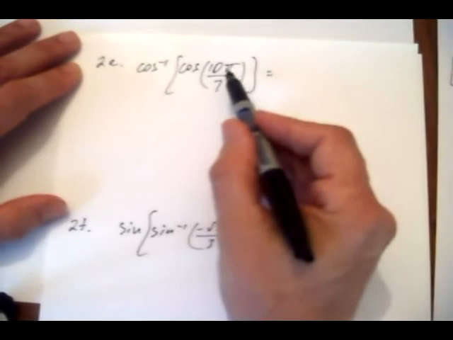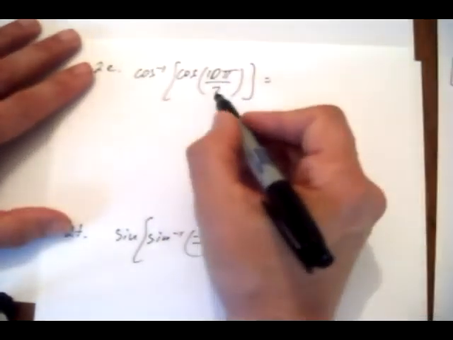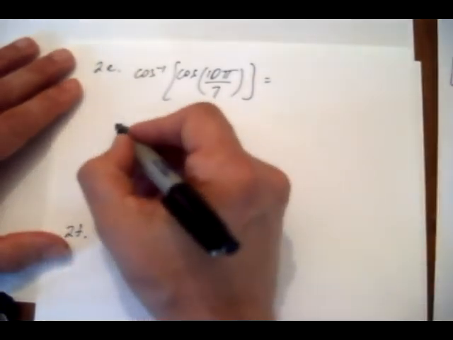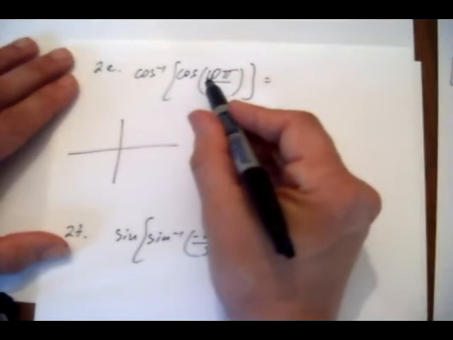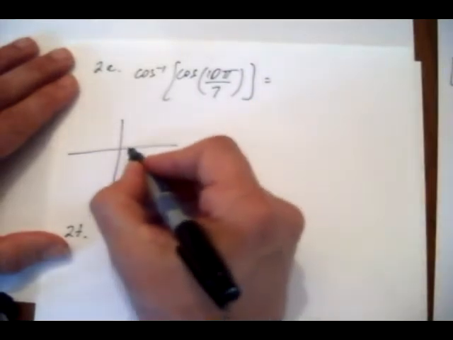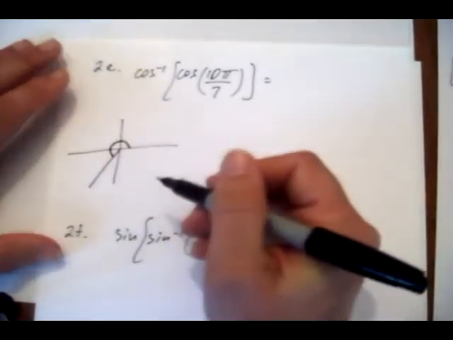Okay, I'm making okay time. Okay, 2e. Cosine inverse of cosine 10π/7. It's not a read-through problem, we realize right away, so let's place the angle itself. Well, 10π/7, something like this.